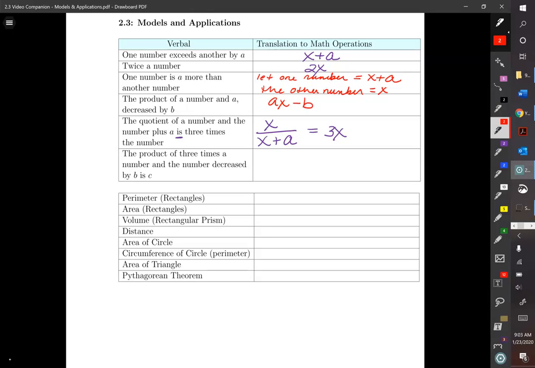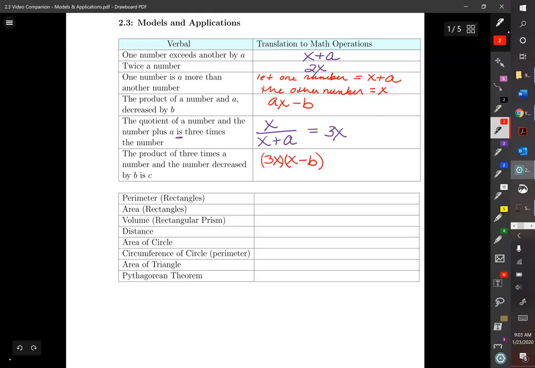So we're going to look at the 6th row down, the product of 3 times a number, and the number decreased by b is c. So the product, we have 3 times the number, so that's one of the factors, 3x, and then we're getting the product of that 3x and that same number x decreased by b.